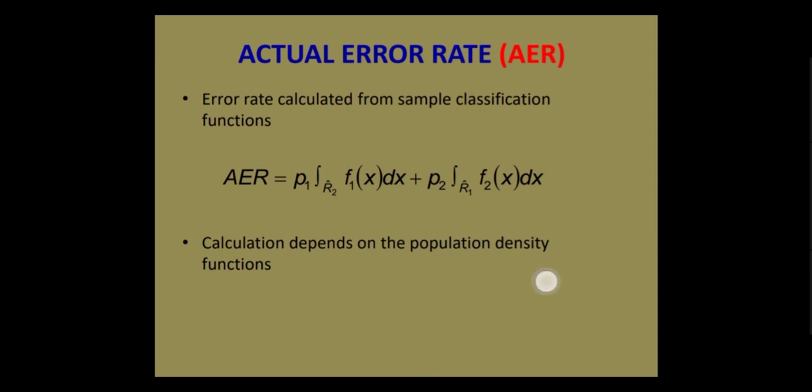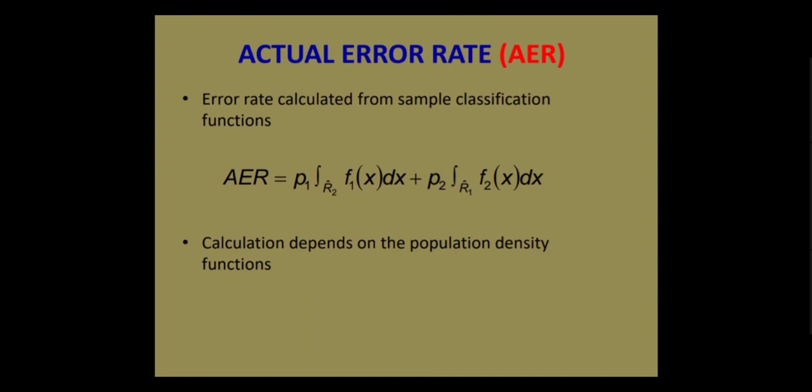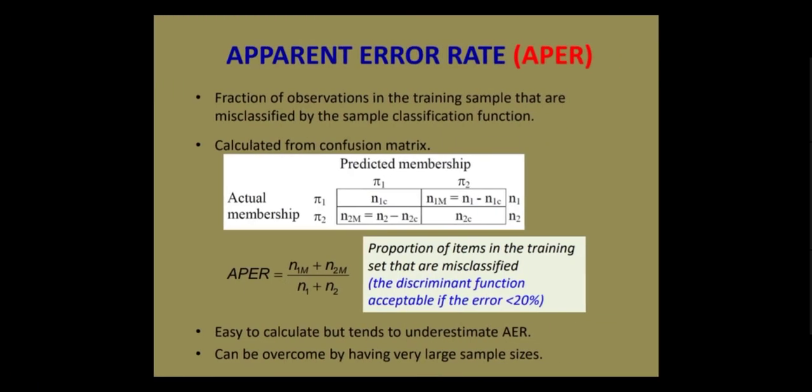Because of that, these two error rates, OER and AER, are not well used in our method to evaluate the performance of the classification function. We will use the APER. It is more convenient.